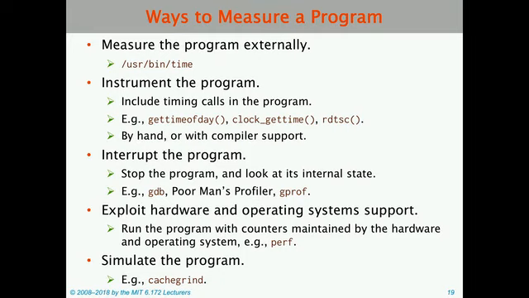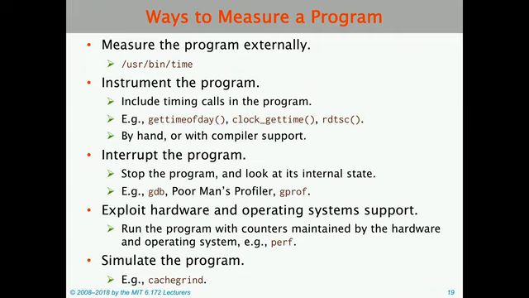Okay? You can instrument the program. Okay, that means to actually put timing calls into the program. So you can use things like clock get time, which I recommend, and we'll talk a little bit about these other 2, get time of day and RDTSC.